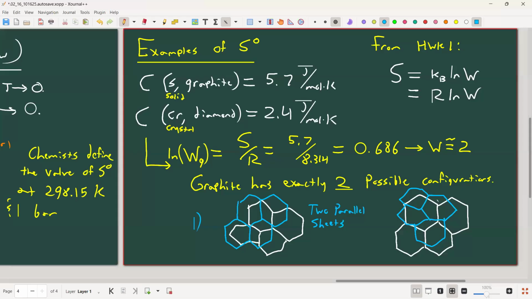Like this, where they're perpendicular instead. So this is parallel to this, and this is now just parallel to itself, and this is perpendicular.